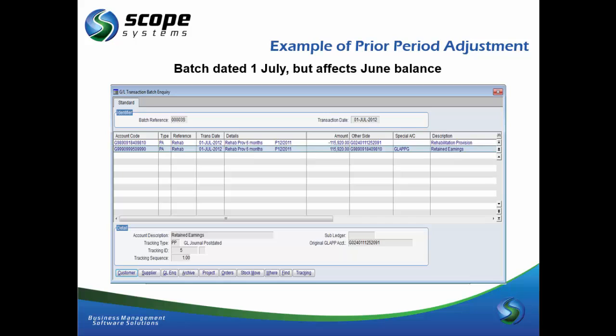And you notice that it has a type PA transaction date 1st of July. The only thing which denotes the PA transaction in the system is the reference in the details. It says P12/ and the financial year. So this is where the reporting side can be misleading.